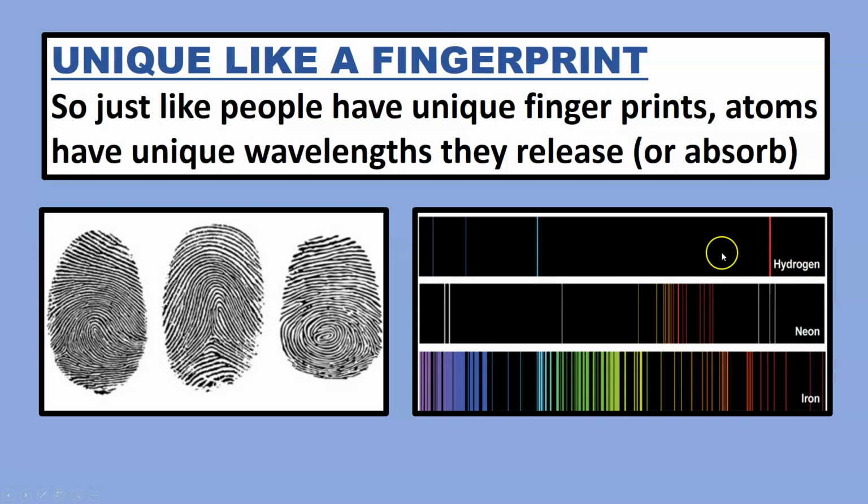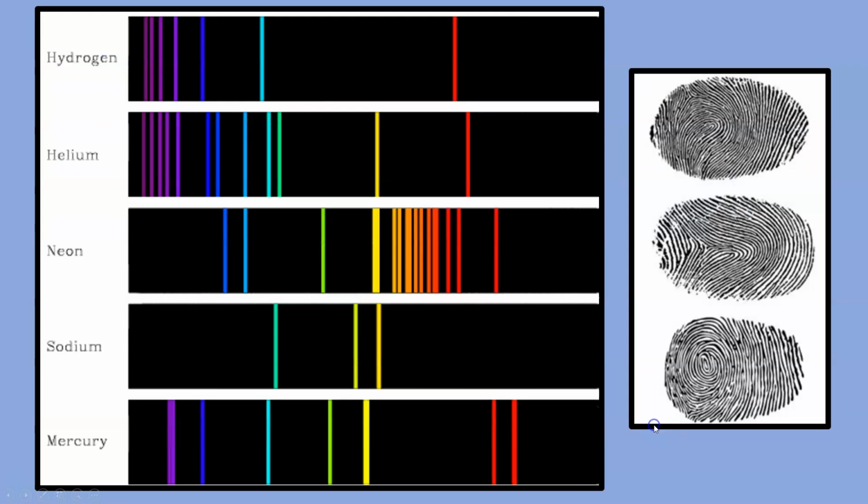Hydrogen will always look like this. Neon will always look like this. Iron will always look like this. They're unique like a fingerprint. Just like we can use fingerprints to identify people, we can use the emission spectra to identify the elements. So just showing you a couple more.